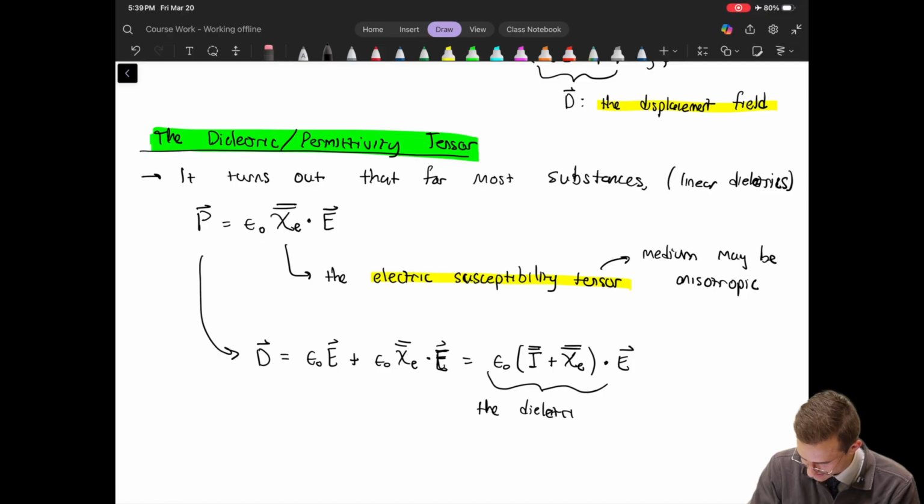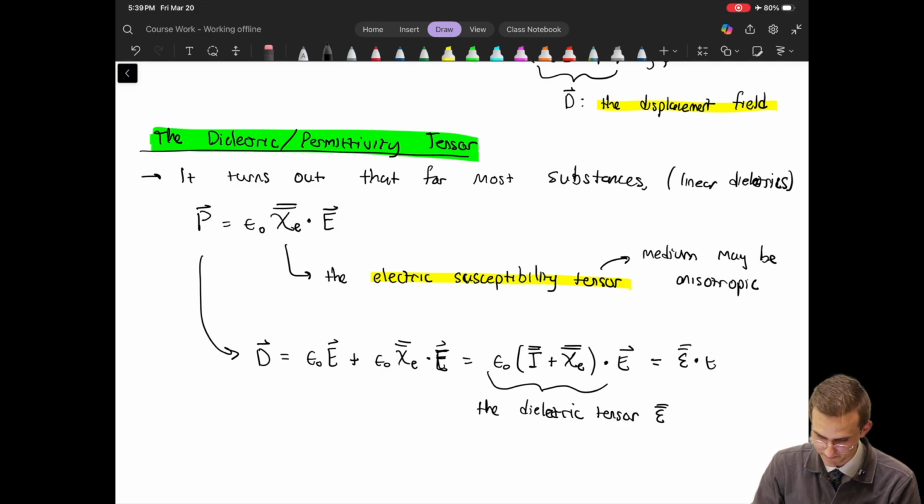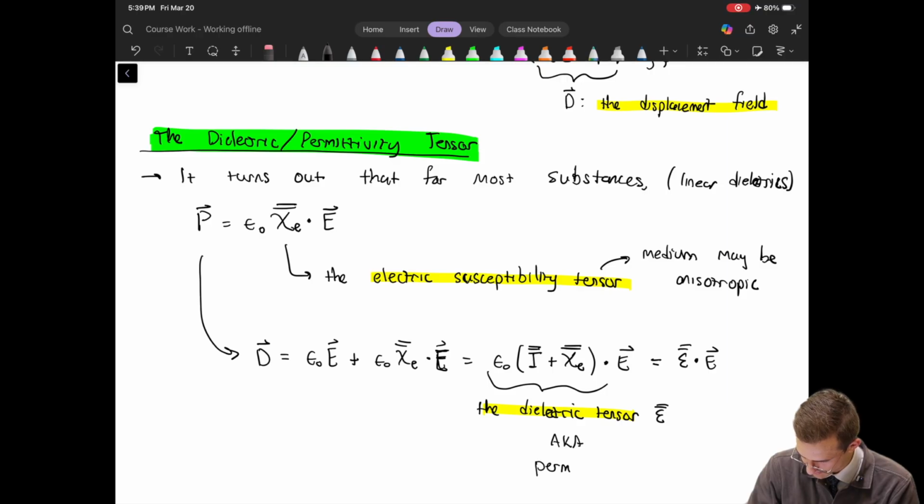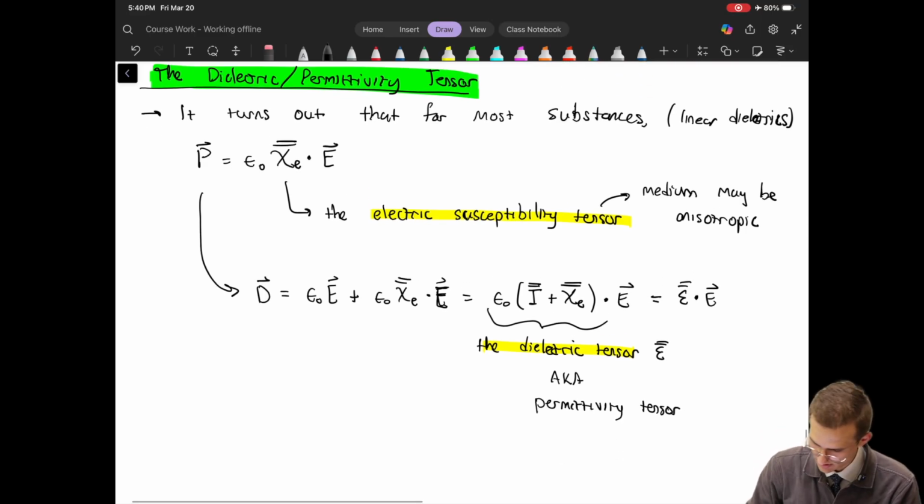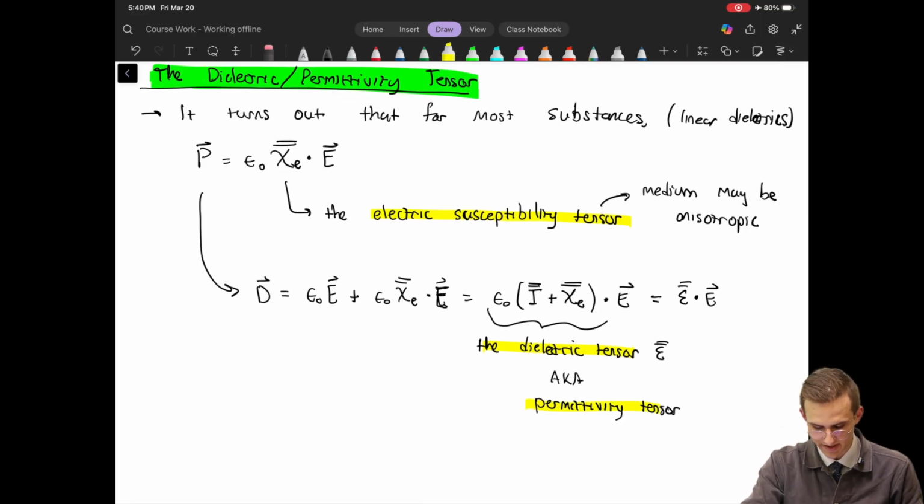Dielectric tensor epsilon. Okay, so D is equal to epsilon dotted with our E field. Dielectric tensor, also known as the permittivity tensor. Okay?